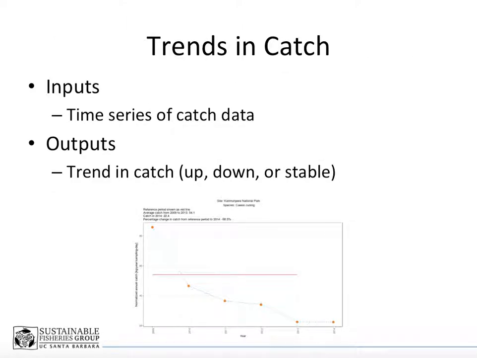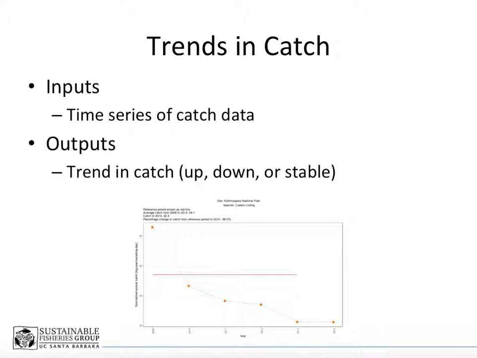Let's switch gears a little bit to two of the indicators that come from our catch monitoring system, which are trends in catch and trends in CPUE. The inputs for trends in catch are simply a time series of catch data, so we don't use any life history information for these new indicators. The output is a trend in catch, whether it's going up, down, or stable.